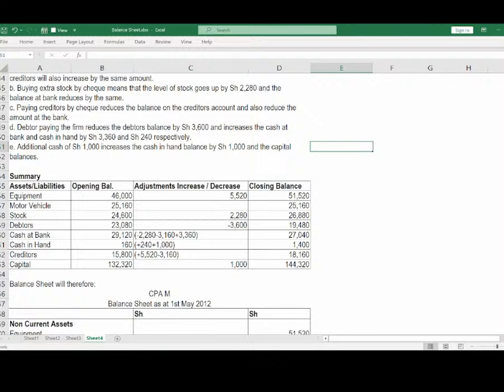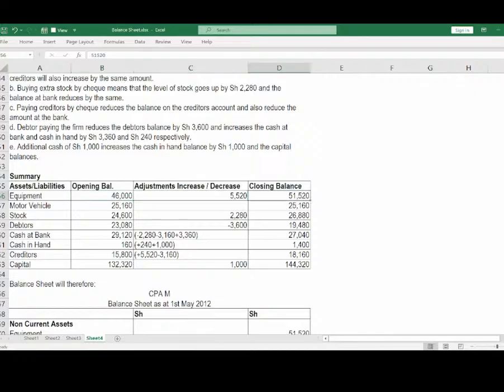So if we look at that, the summary will be: you have the assets, stock, liabilities. So in the summary, you have assets and liabilities and their opening balance. Then you have the adjustment, increase or decrease, and the closing balance.